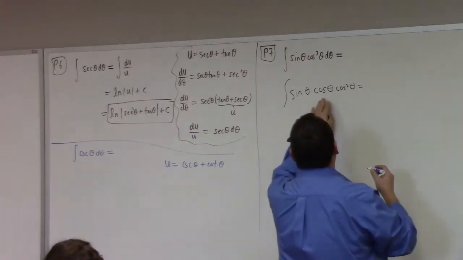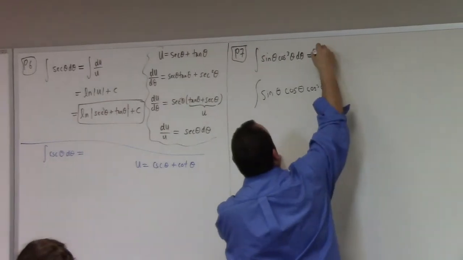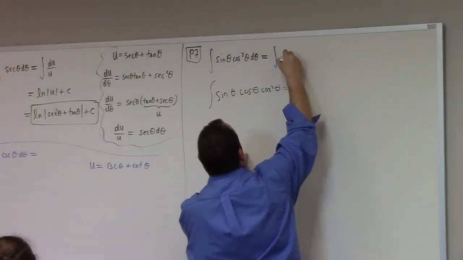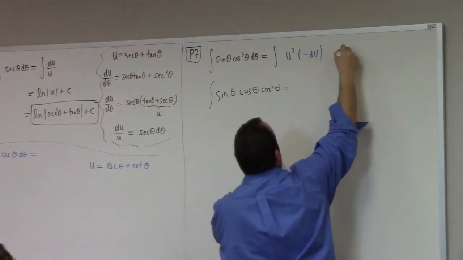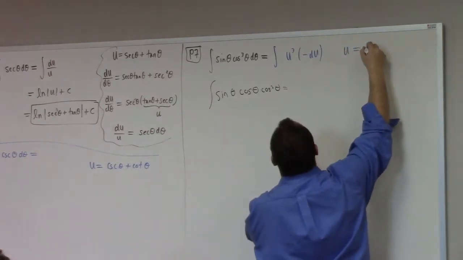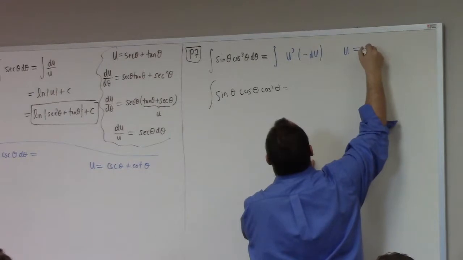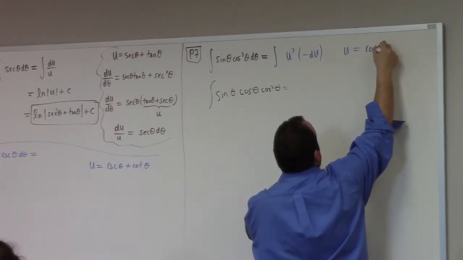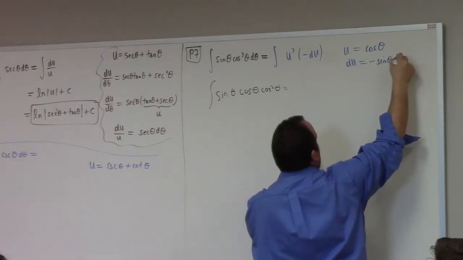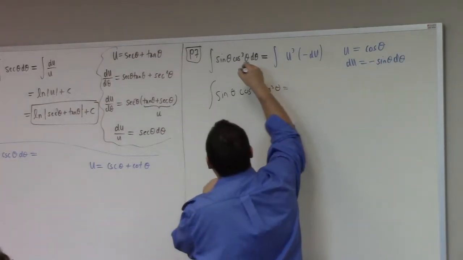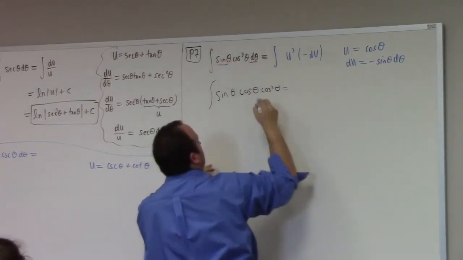What we're going to do here is just do the integral of u cubed times minus du for u equal to cosine. If u is cosine theta, du is minus sine theta d theta. So I've got the sine, I've got the d theta, right?